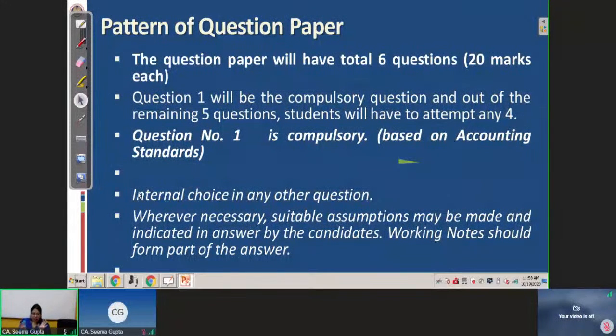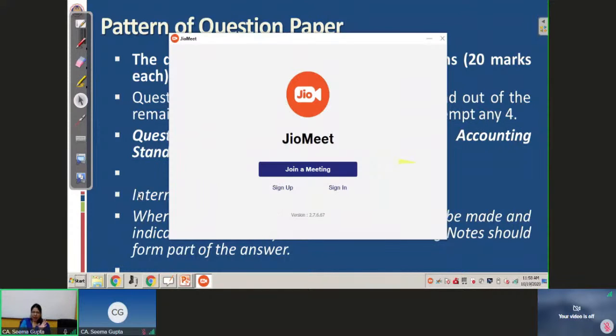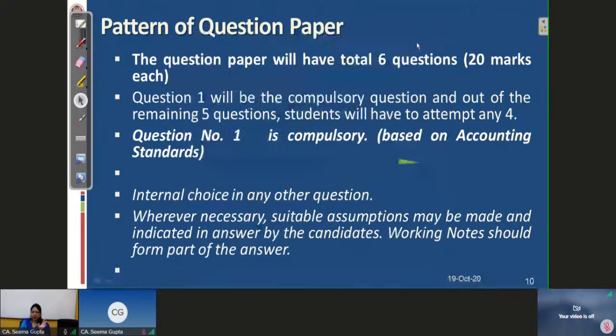Then we have to specify which method we have applied, because the selection of method will make the difference in the valuation of goodwill. So whatever approach you have considered, you have to state it.